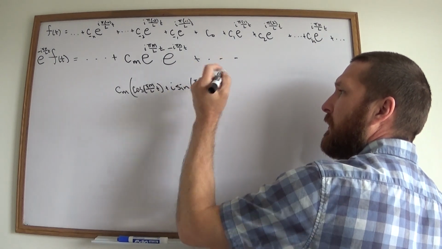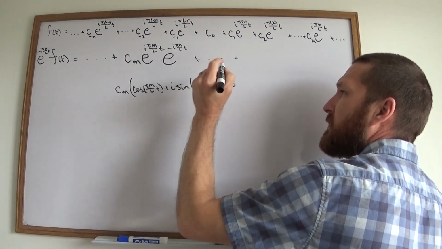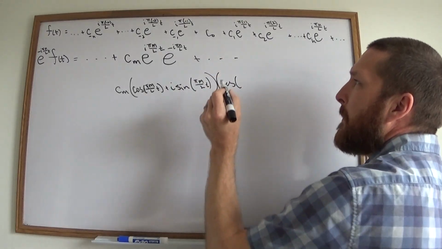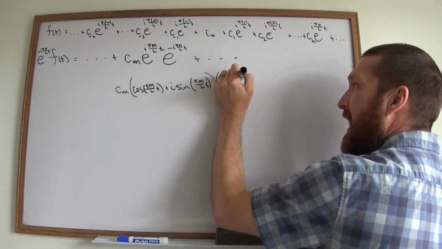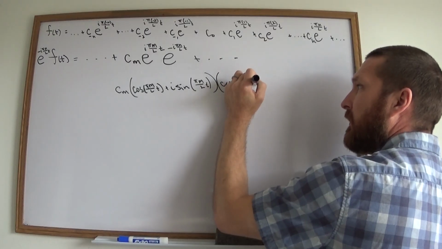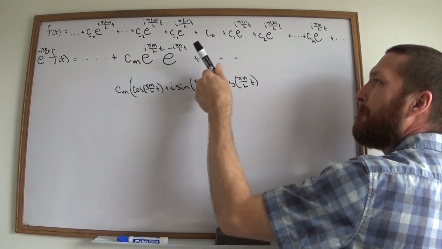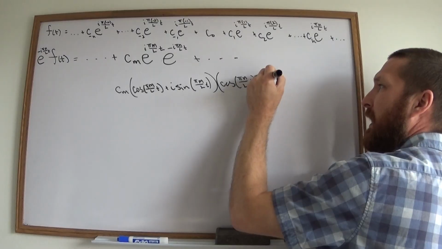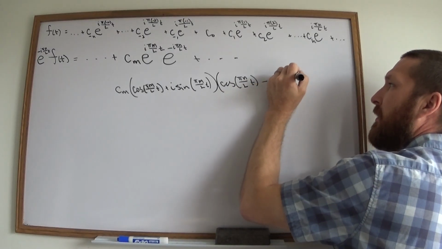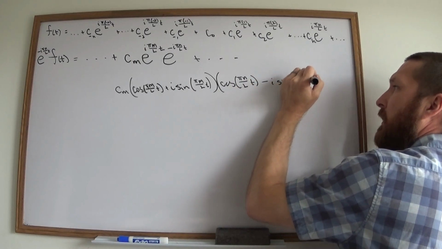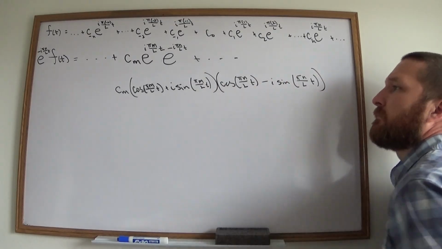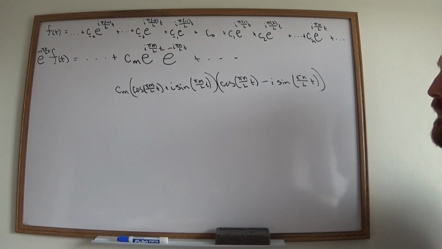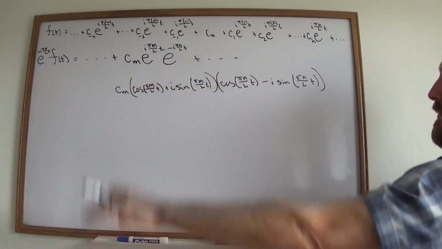This one is cosine(π n t / L) minus i sine(π n t / L) right there. Okay, so that's what happens when I just multiply it through.